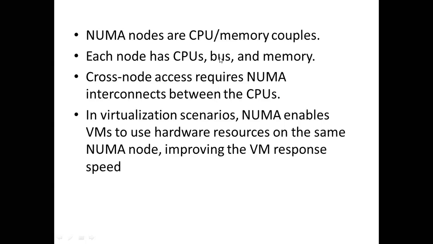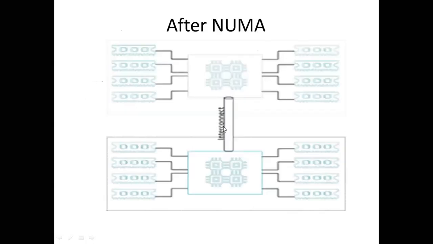And then if there is need for cross-node access, in that case, we would need to interconnect the CPUs. Cross-node access, that's what we are having on this slide here. This is a cross-node access. By node, we are referring to this part here.